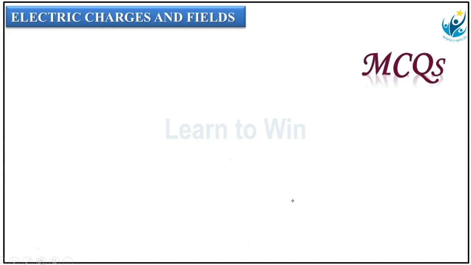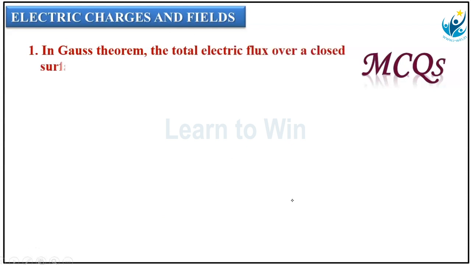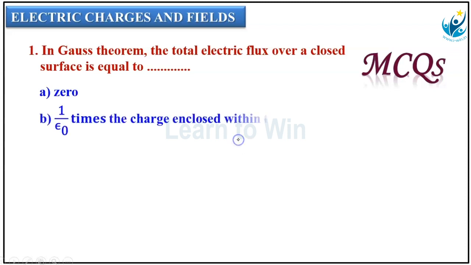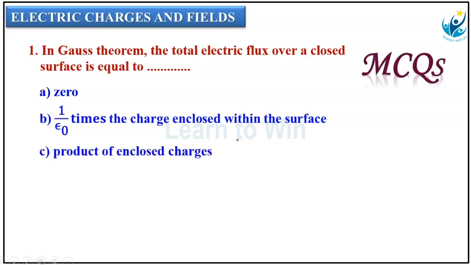Now, MCQs. The first one is: in Gauss theorem, the total electric flux over a closed surface is equal to, and the options are 0, 1 by epsilon naught times the charge enclosed within the surface, product of enclosed charges, none of the above.